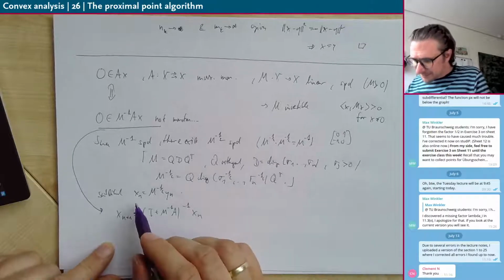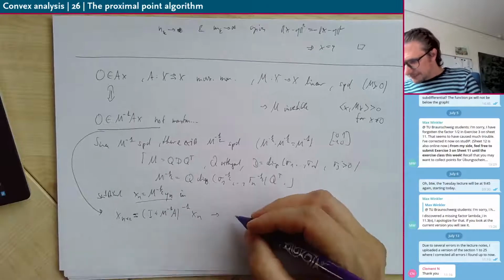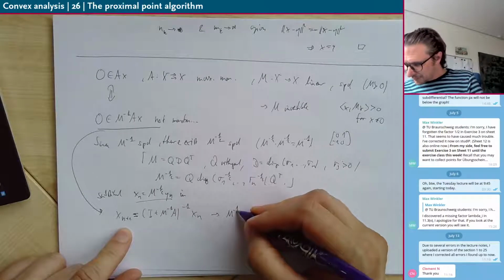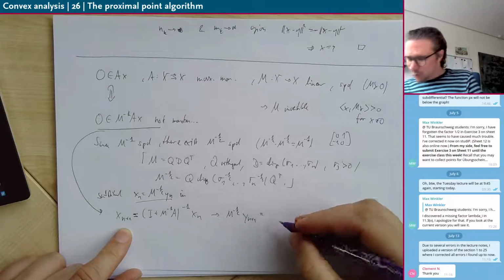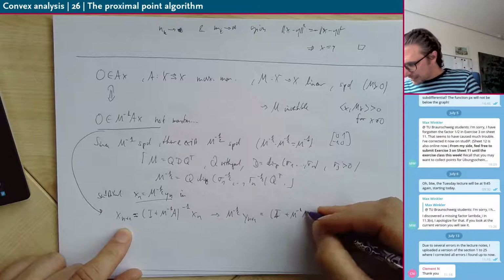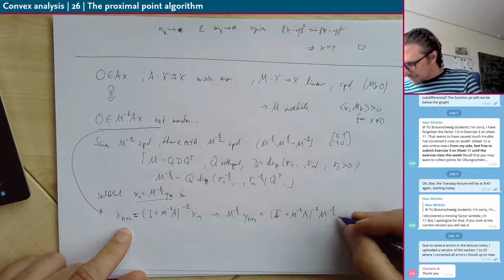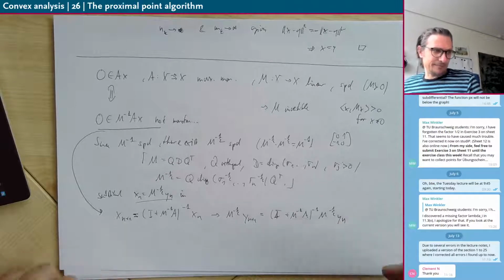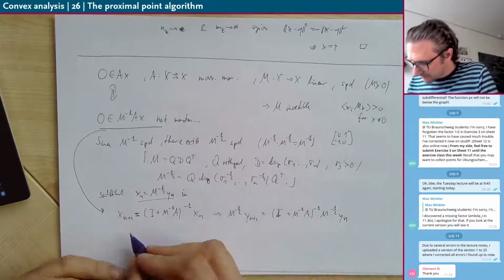Okay, so now let's substitute this into this equation. First we get M to the minus 1/2 y_{n+1} equals (identity plus M to the minus 1 A) to the minus 1 M to the minus 1/2 y_n. Let's bring the inverse to the other side.